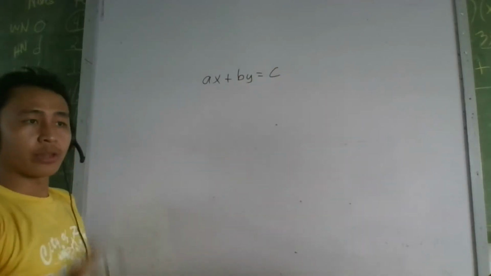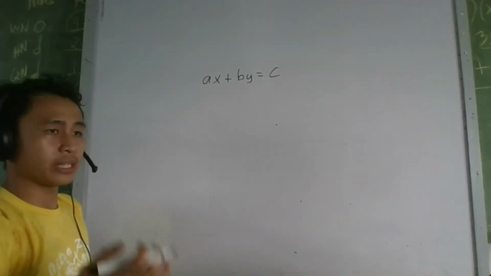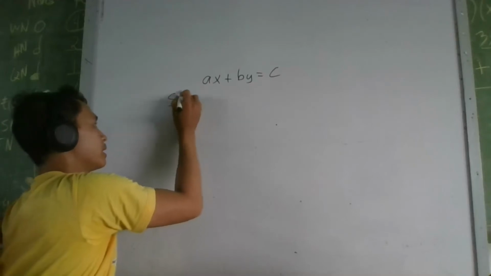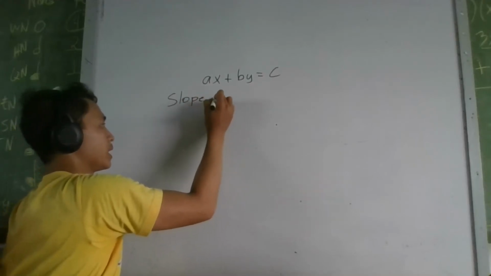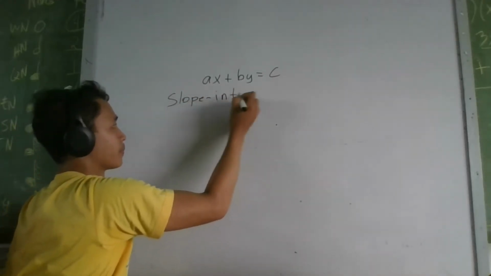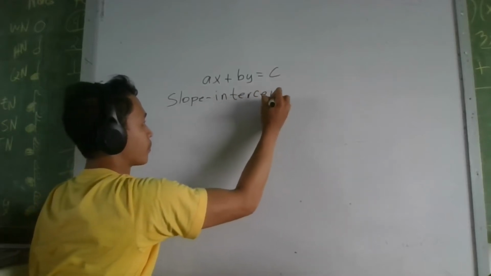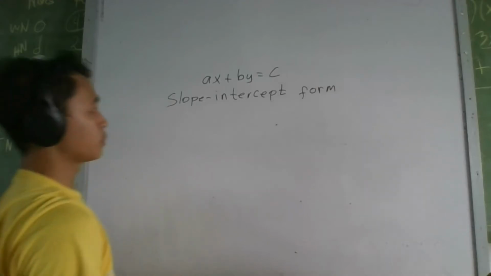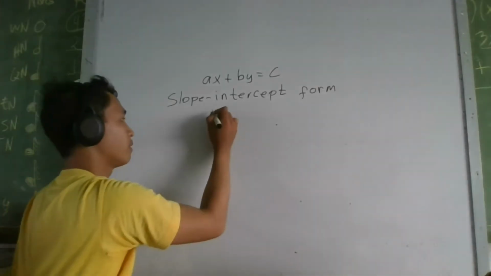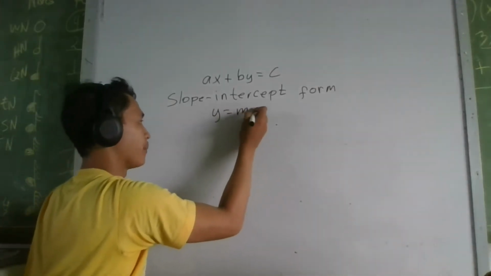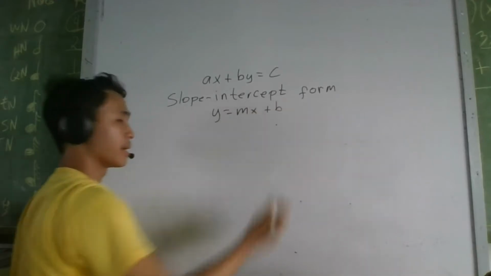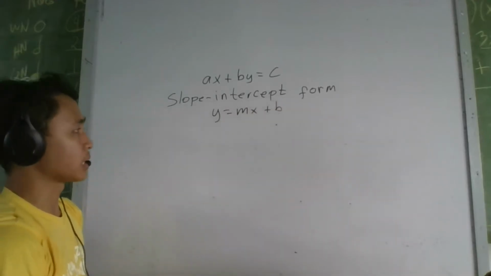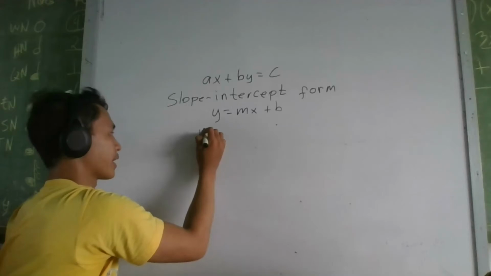Now, another form for linear equation actually is what you call the slope intercept form. Okay? Ano yung tinatawag nating slope intercept form? It takes the form of y equals mx plus b. Wherein yung m there is the slope.